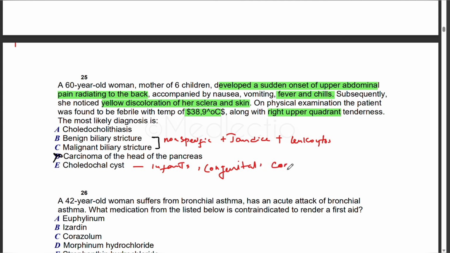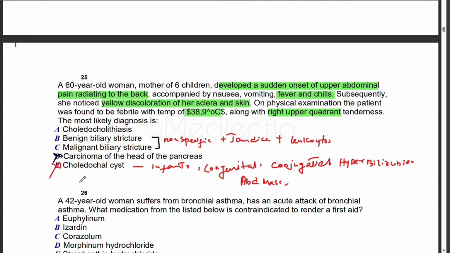Then we have conjugated hyperbilirubinemia, and we can get an abdominal mass. So we don't have any history of infancy, congenital, conjugated hyperbilirubinemia, or abdominal mass. So choledochal cyst can be ruled out.